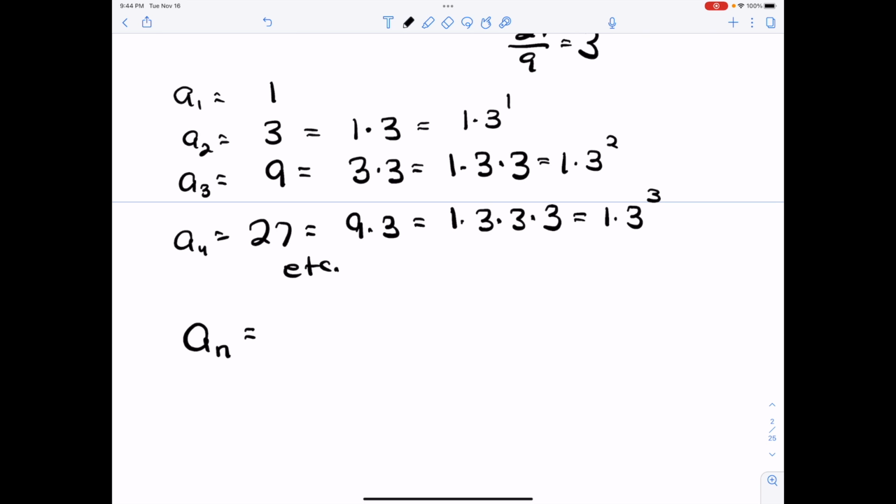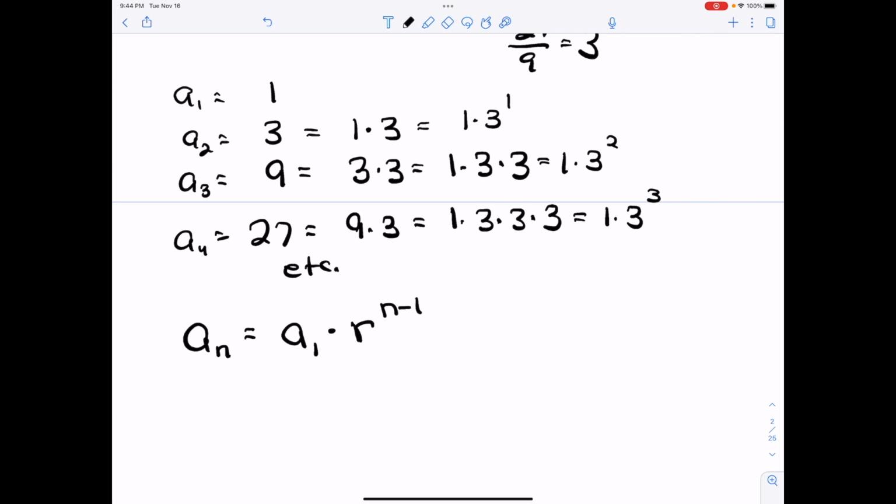You could say a sub n is the same thing as a sub 1 times whatever that common ratio is, raised to a power that's 1 less than n. So like a sub 4, you're taking a sub 1, which is 1, times the common ratio of 3, raised to a power that's 1 less than 4, which is 3.